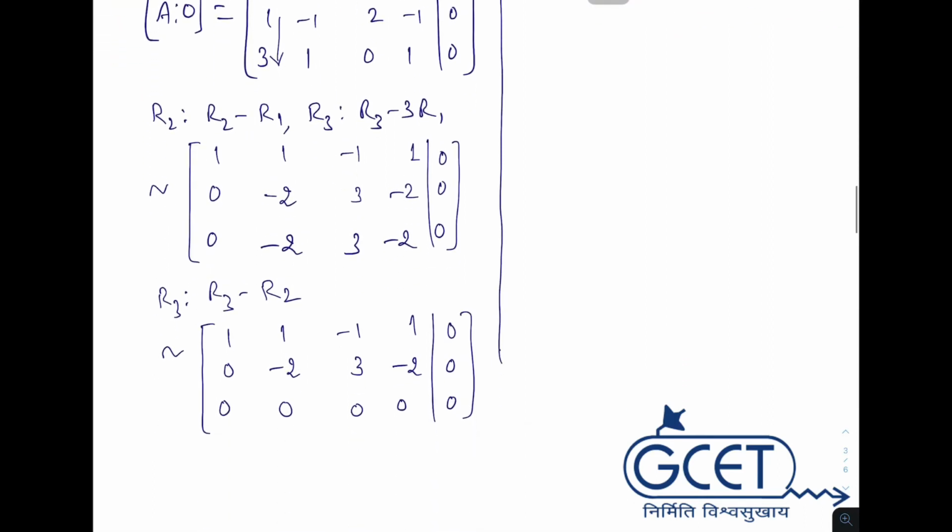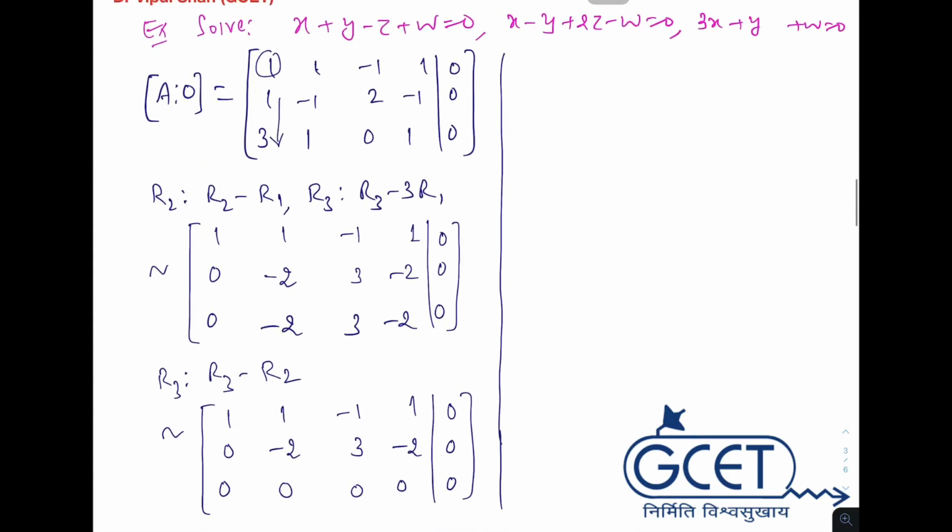Then make this entry to be 1. So R2 into minus 1 by 2, and so that is equal to 1 1 minus 1 1 and 0.